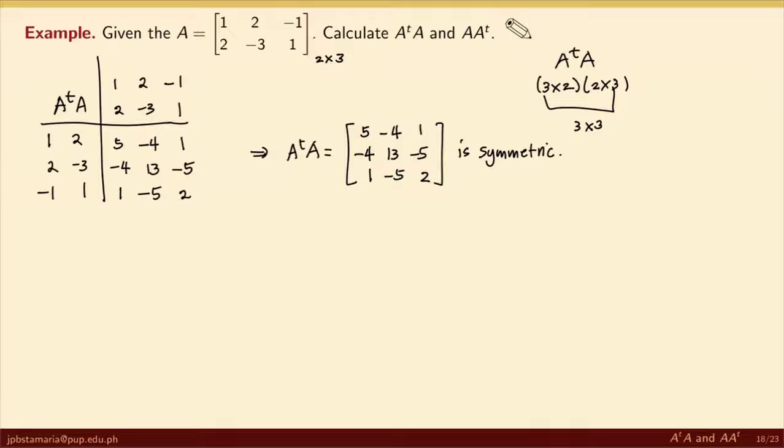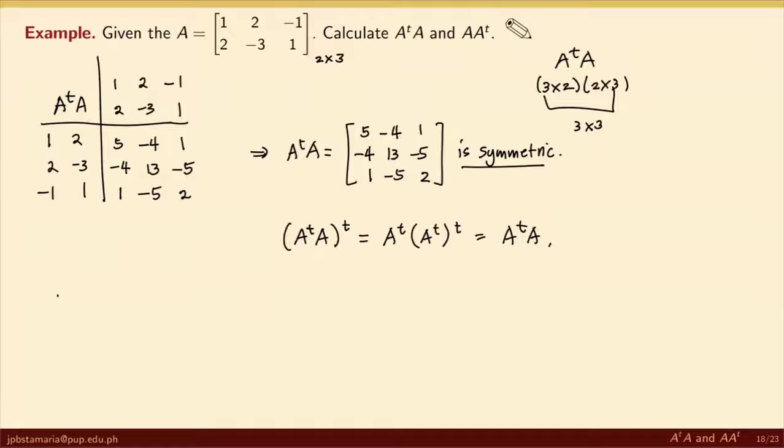It's worth noticing. In fact, it will be symmetric. Why? Kasi if you take the transpose of this, regardless of A, doing the properties of transpose, you get something like this. Remember, we're reversing the order. And notice that the transpose is itself. And hindi naman nakakabigla na symmetric talaga yung A transpose A.